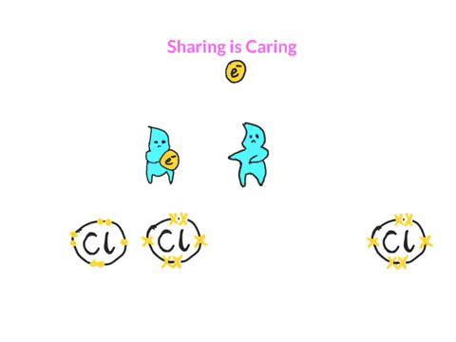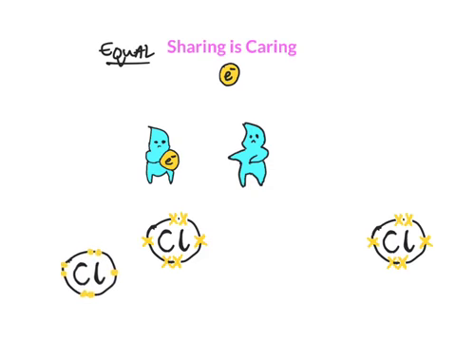Now, we did start this video by saying that sharing is caring, but is that sharing only caring if it's done equally? Is it equal sharing is caring? I don't know. But in the covalent molecule world, sometimes the sharing is equal, sometimes it's not. An example of equal sharing here would be this chlorine bonded to another chlorine.